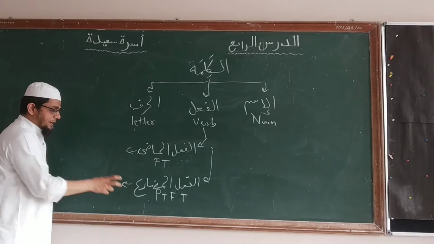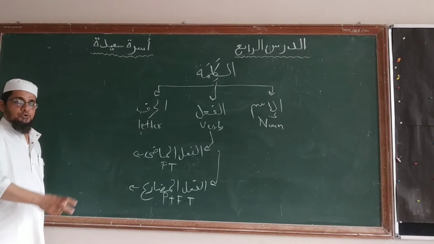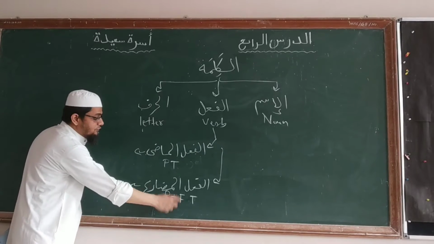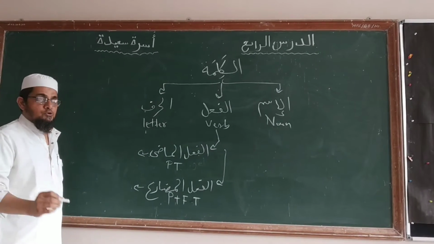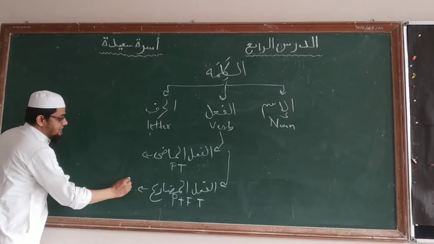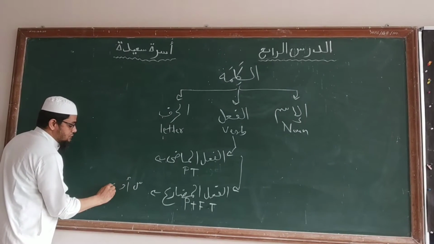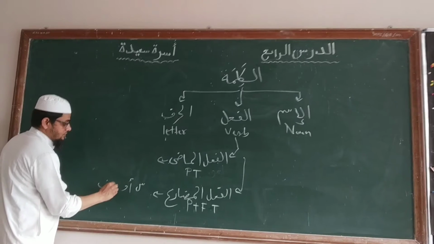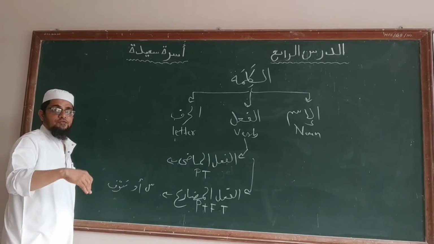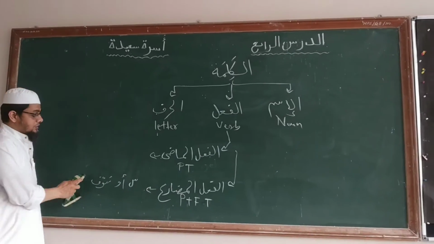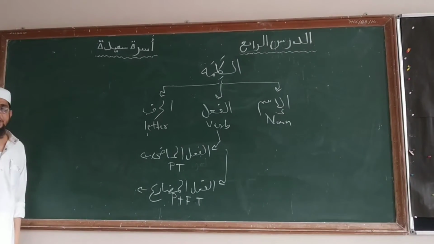If you are using present tense, you can use fi'l mudhari directly. But if you are using it for future tense, you will use fi'l mudhari by adding sa or sawfa. You will add sa or sawfa for future tense.